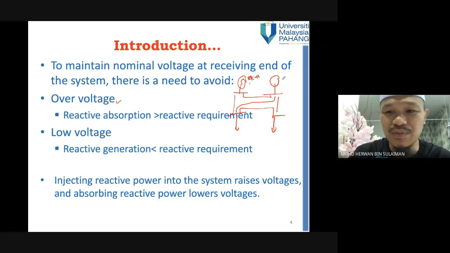Sebab yang lain semua PV control kan, PV bus. So load changes within the requirement. So the slack bus ni penting, sama ada dia boleh supply ataupun dia absorb the reactive elements. And injecting reactive power into the system raises voltage and absorbing reactive power lowers voltage.